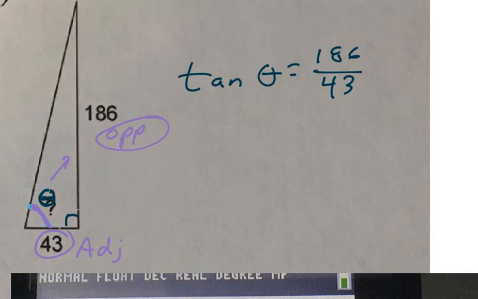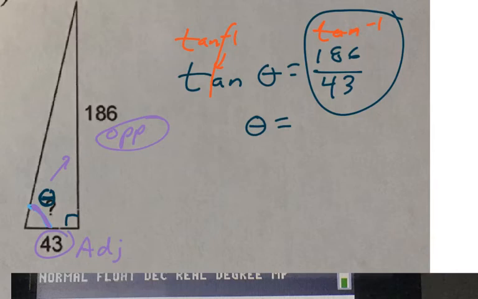Now remember, we're trying to find theta. So how do we get rid of this tangent right here? We're going to do a tangent inverse, because a tangent inverse cancels out the tangent function. And now I'm left with theta equal to whatever that is right there. This is where it's very important.